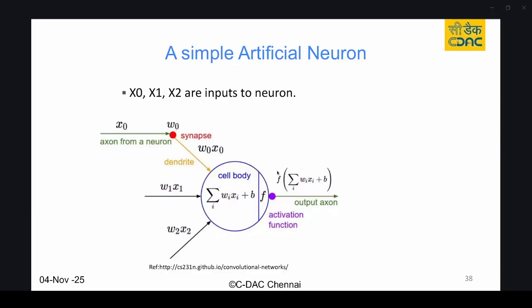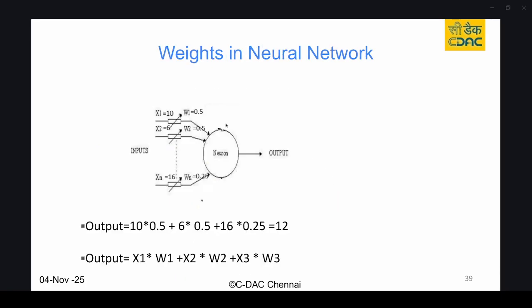If it is greater than some threshold value, then the neighboring neuron gets fired. If it is less than the threshold, then the neighboring neuron does not get fired. To visualize a mathematical neural network, let's see this picture where the inputs are 10, 6, 60 and the weights are W1.5, W2.5 and WN 0.25.